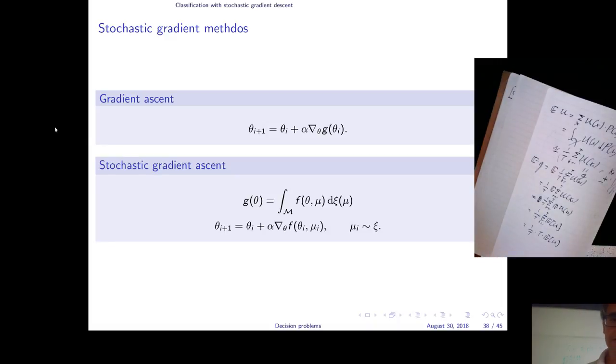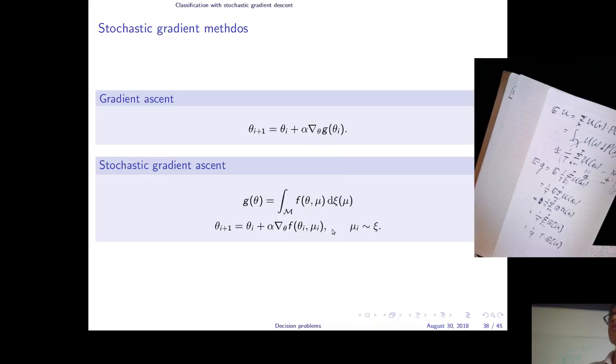Gradient descent basically says move in the direction of the gradient by some small size, and when our function is an integral, like here, you can approximate this step by taking a sample from the integral and then moving in the direction of the gradient only for the one sample.